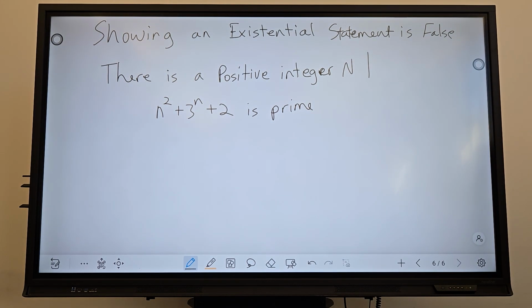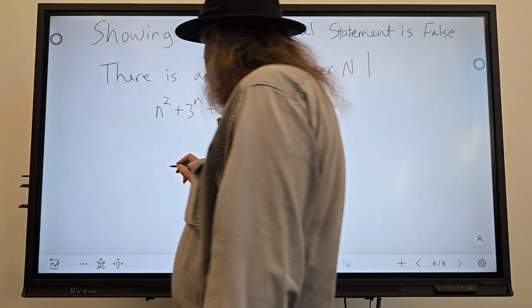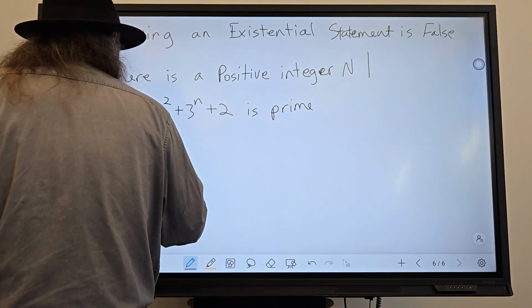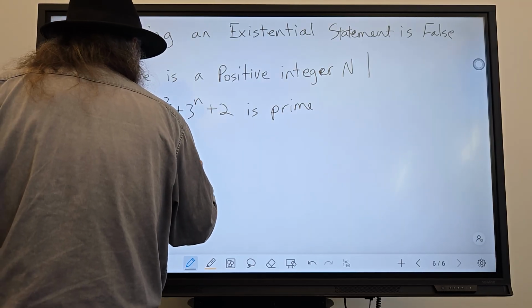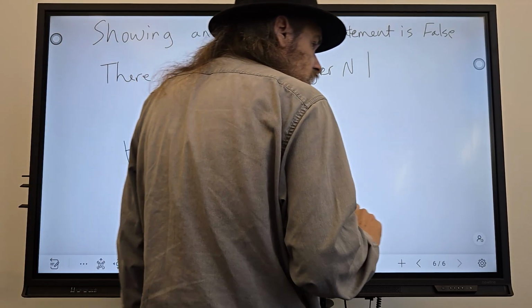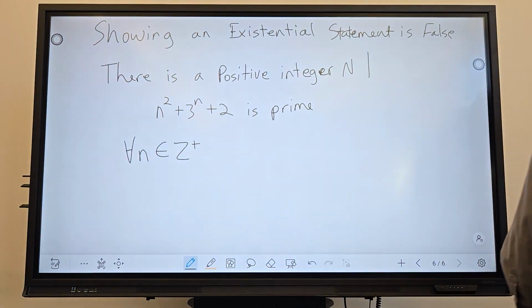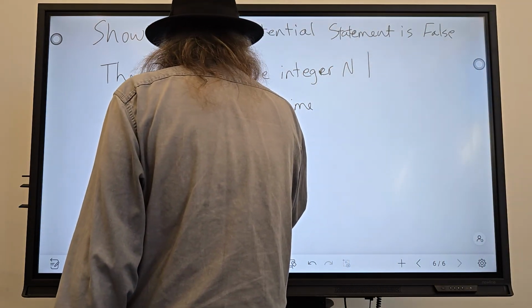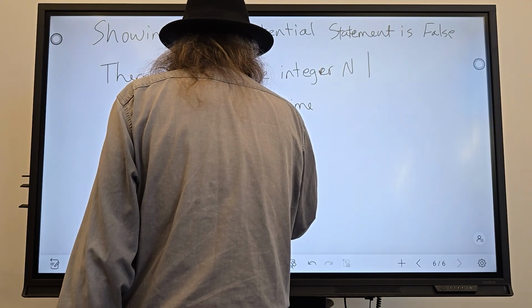So, proving that the given statement is false is equivalent to proving its negation is true. The negation is, so we'll take the negation, it would be for all n an element of Z plus, n squared plus 3n plus 2 is not prime.